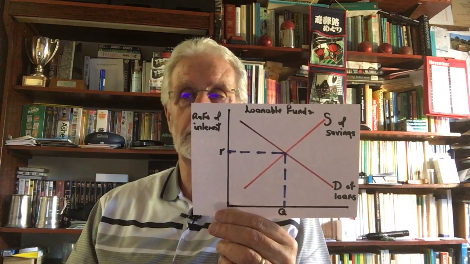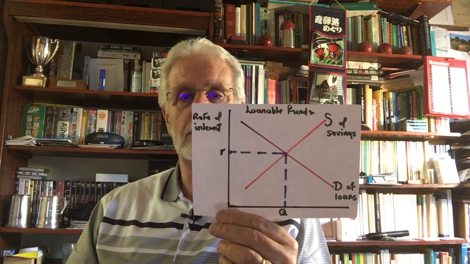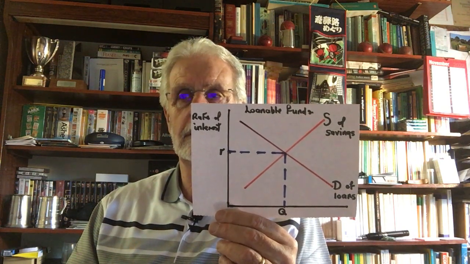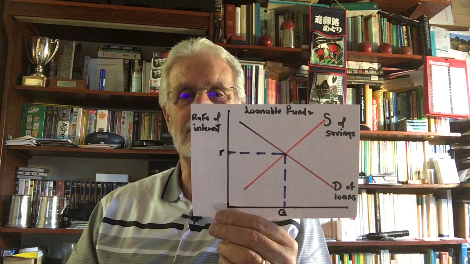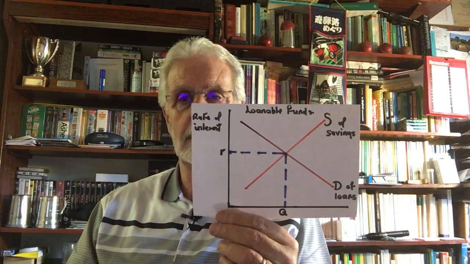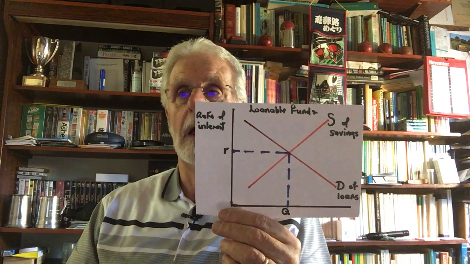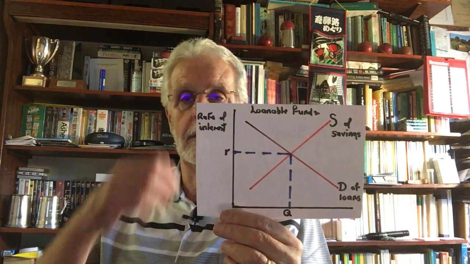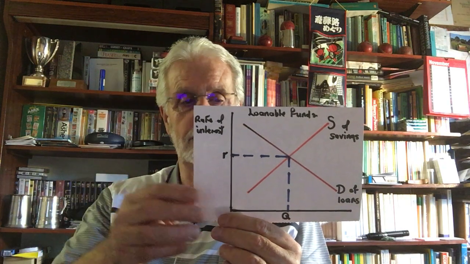And therefore you can create an equilibrium point, a rate of interest where the quantity of savings is equal to the amount of money that people want to borrow. Simple loanable funds theory of interest rate determination.